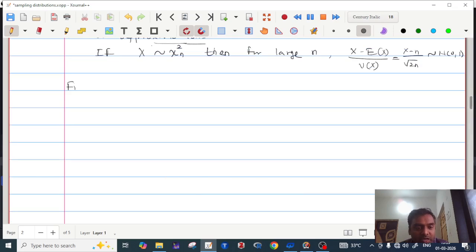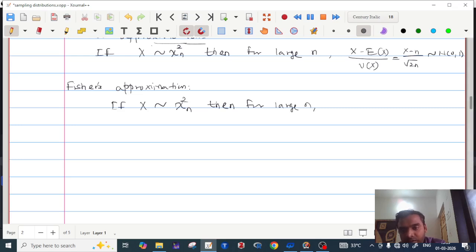Now there is one more approximation for large n, that is Fisher's approximation. Fisher approximation: if X follows chi-square with n degrees of freedom, then for large n, under root of 2X minus under root of 2n minus 1 follows normal 0 comma 1.